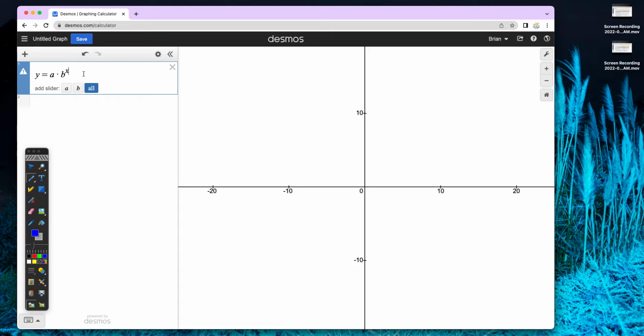But rest assured, if you're aware of, say, transformations and different things like that, yeah, you can put parameters in to affect those things as well. But keeping it simple and looking at this function, this will be our base exponential function. So there are a few things to consider, right? Number one, notice how the variable is in the exponent.